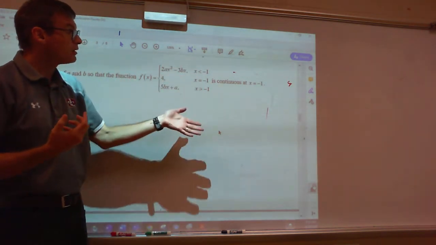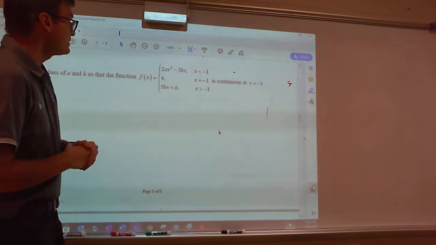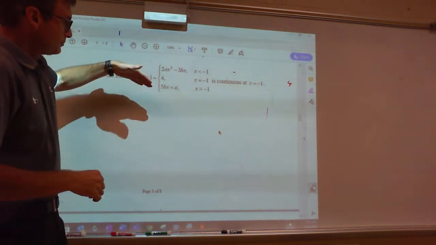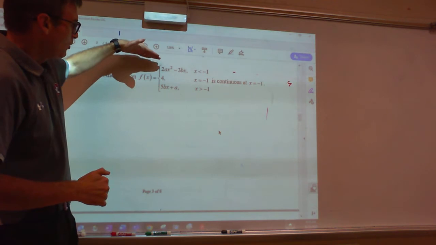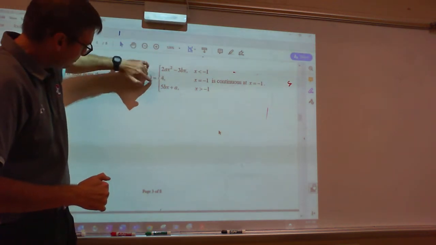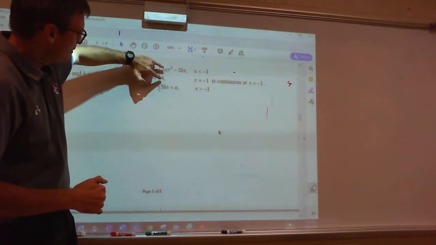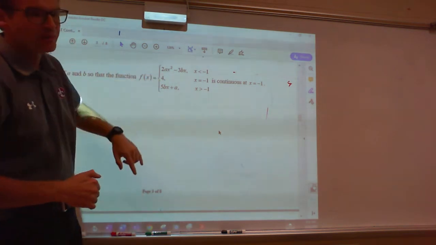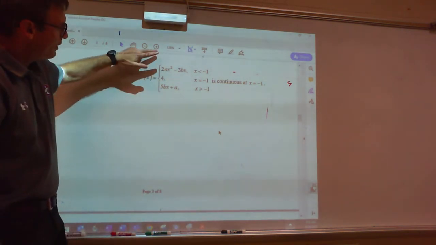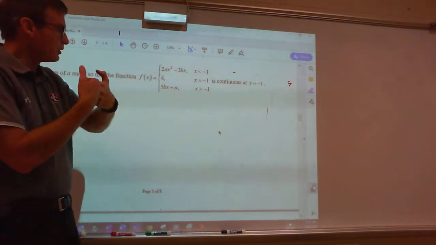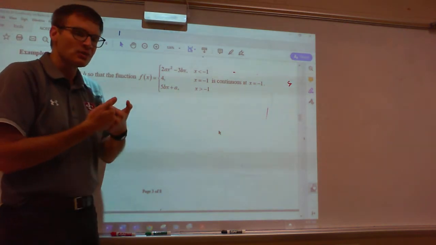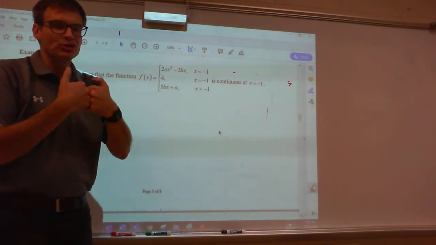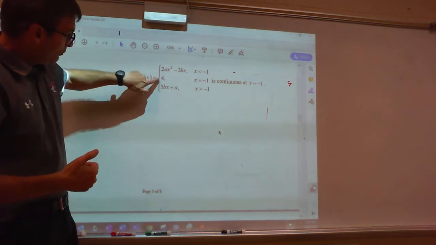When I look at this, it's almost like I've got three pieces. And when I want to make sure something's continuous, I need to make sure the y values match up. They were pretty nice here.